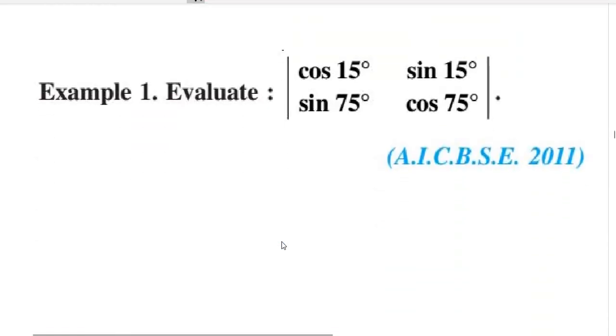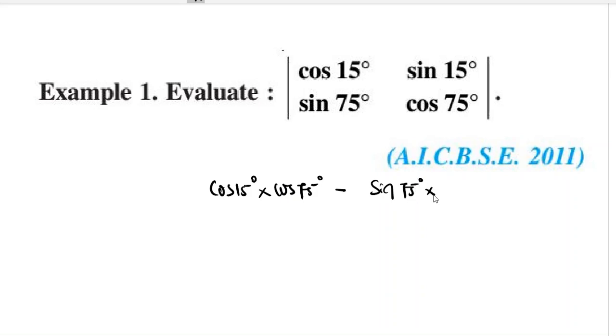Okay, so we have to find the determinant here. Let's find it. Cos 15 multiplied by cos 75 minus sin 75 multiplied by sin 15. Cos A cos B minus sin A sin B. What is the identity?